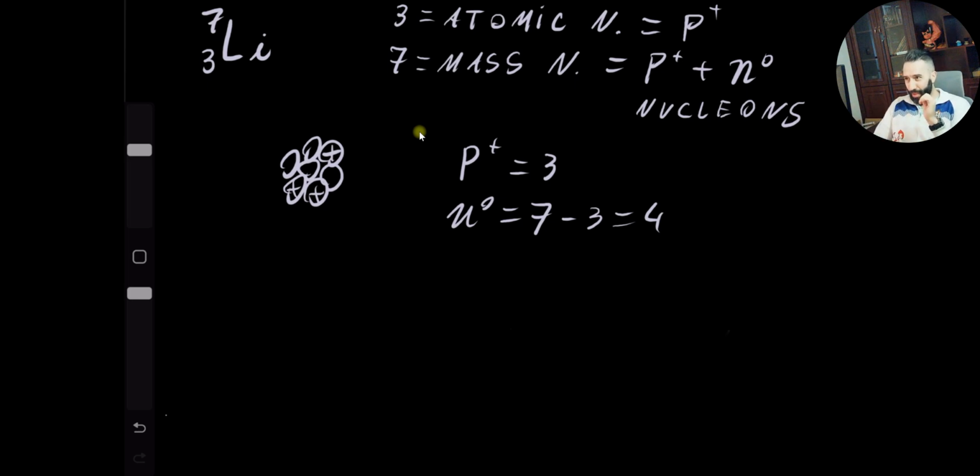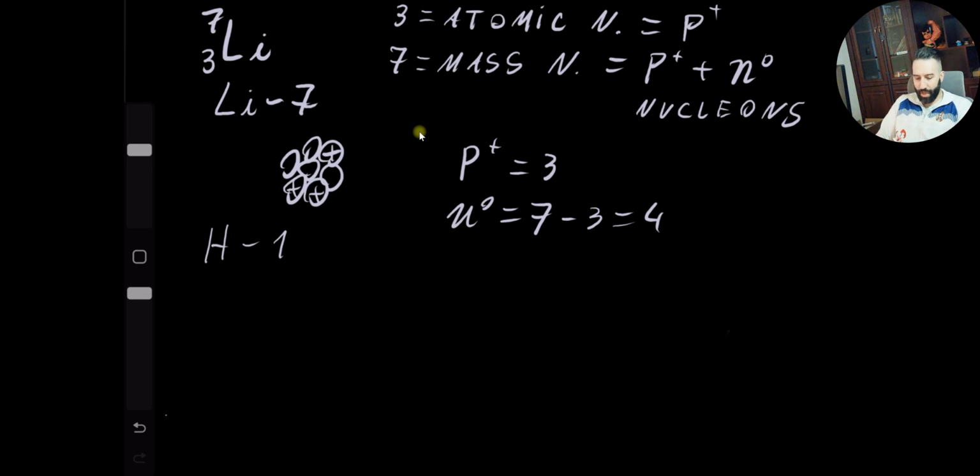Now, there are other meanings that you will see, and there are other ways to write this. For example, when they write lithium, they might also write Li-7. In this case, this 7 is obviously the mass number. You'll notice other elements like hydrogen-1, that means this is hydrogen and its mass number is 1.